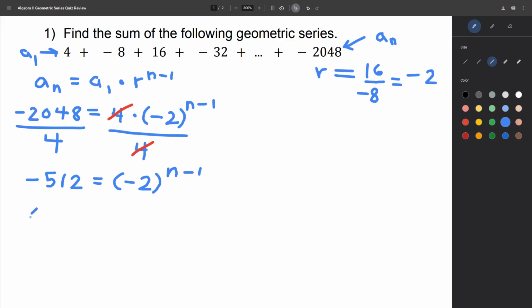Okay, so I'm going to write this as -2 to the 9th power equals -2 to the n minus 1 power. So we can say that 9 equals n minus 1.